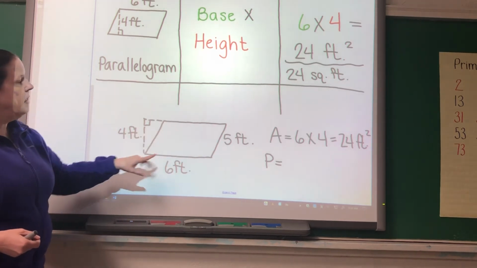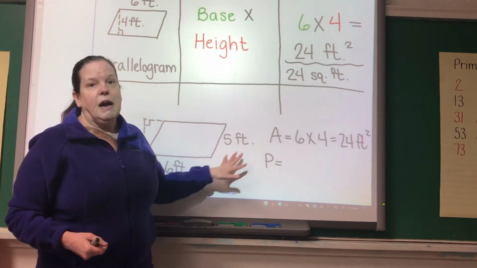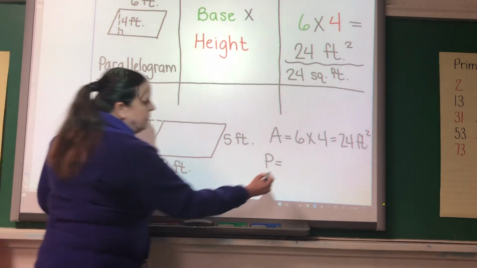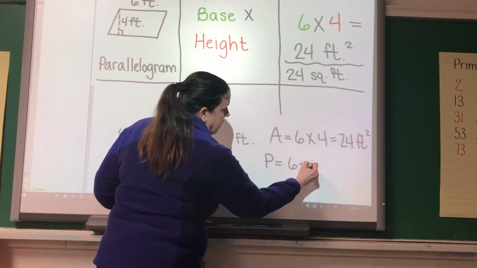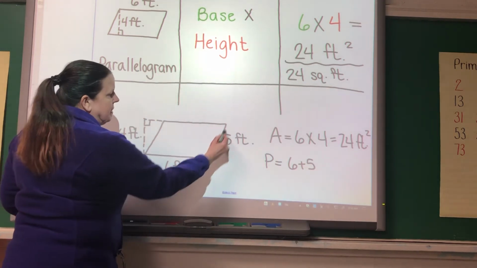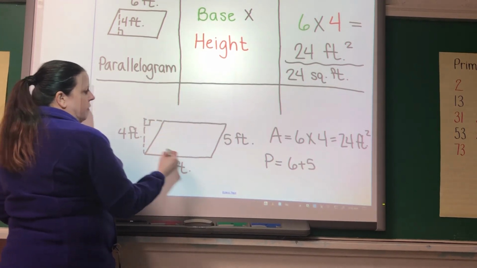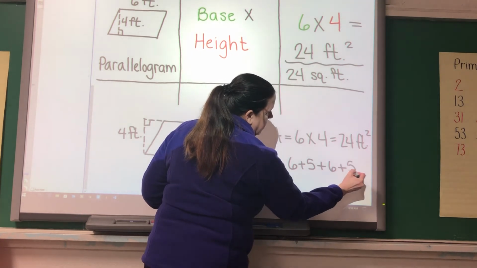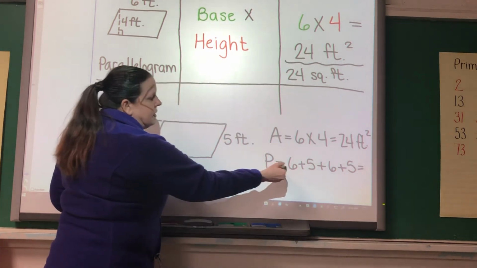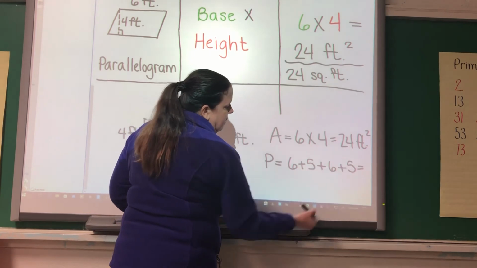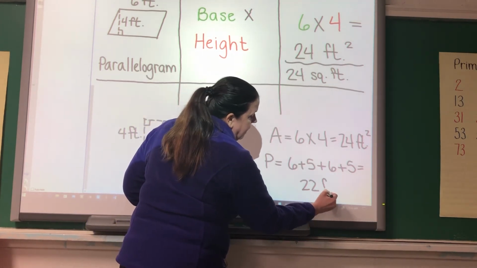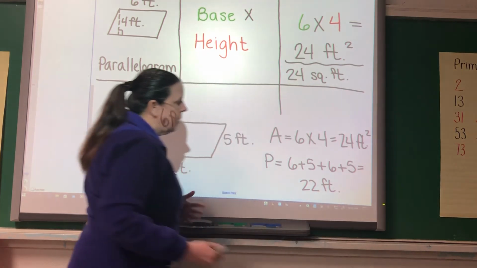On area, we left the 5 out. On perimeter, we're going to leave the 4 out. So it would be 6 plus 5, but then you have to do another 6 and another 5. 6 plus 5 is 11. 6 plus 5 is 11. 11 plus 11 is 22. And when we write our label here, we don't need to square it.